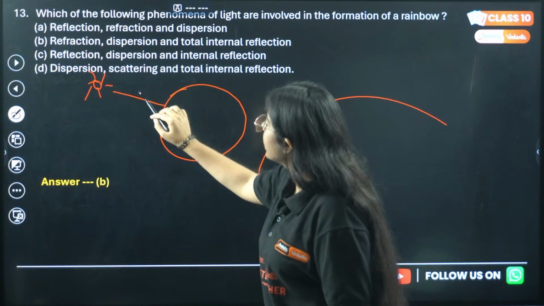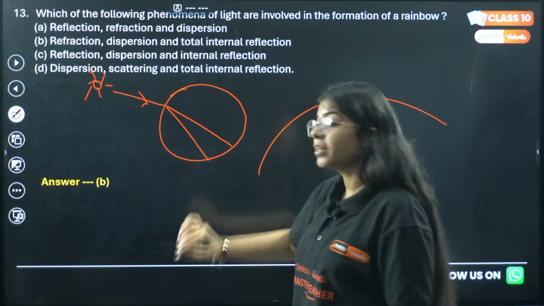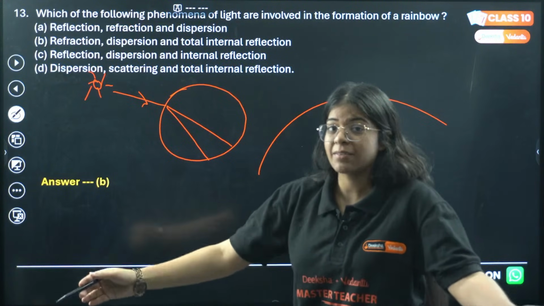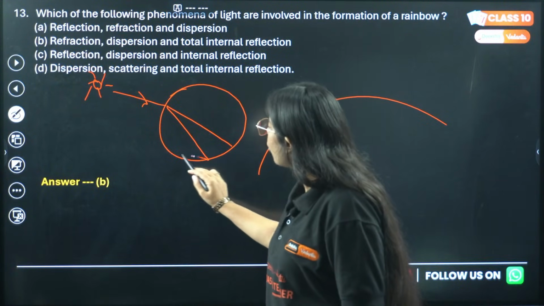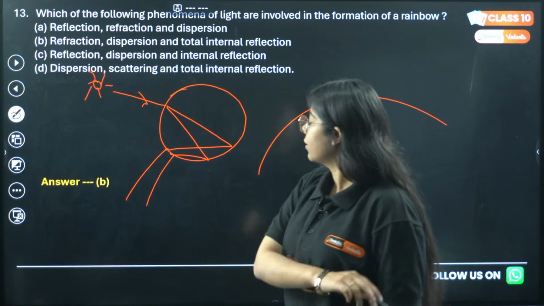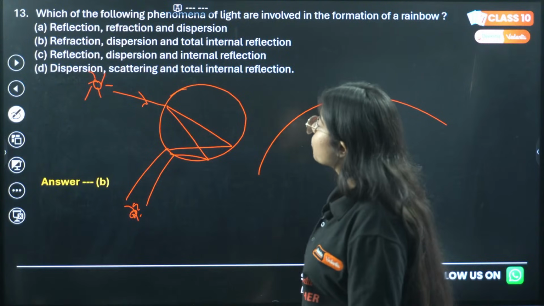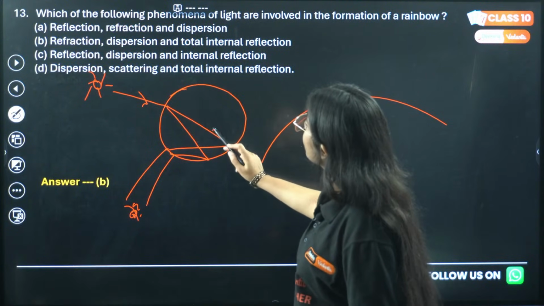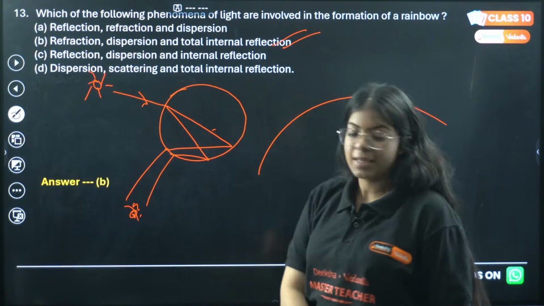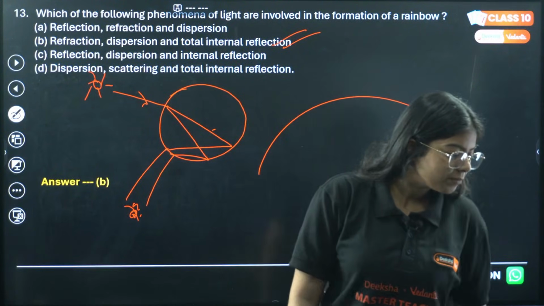So the ray comes, it gets refracted and it gets dispersed into its 7 colors, then it gets total internal reflection, and then it comes back and we see it with our beautiful eyes. So the option is refraction, dispersion, total internal reflection, that is B. Correct? Everyone understood? Radhe also said B.